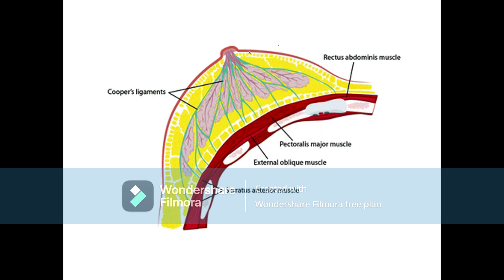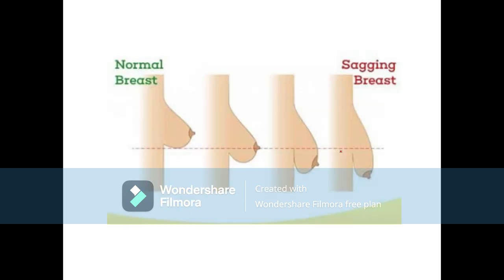So these ligaments are important in the shape and appearance of the breast. And usually they are stronger in young nulliparous females who have not yet given birth. Therefore, they have a more pointed breast. And as aging continues, the ligaments start weakening, and the breast becomes more and more pendulous. This is the role of these ligaments.